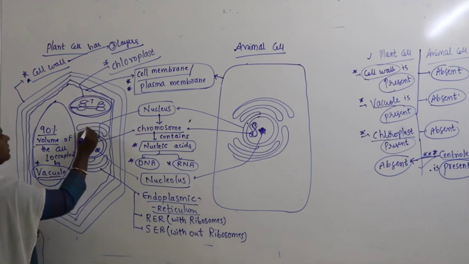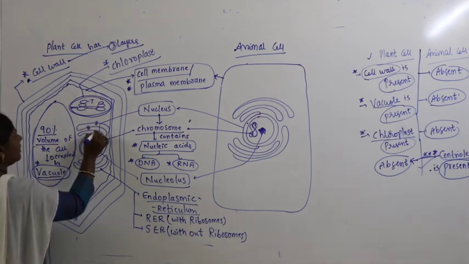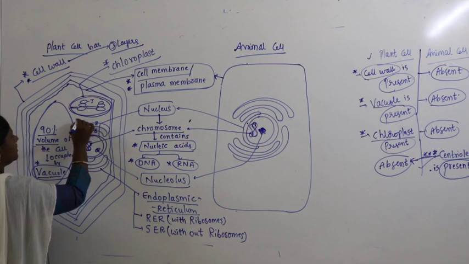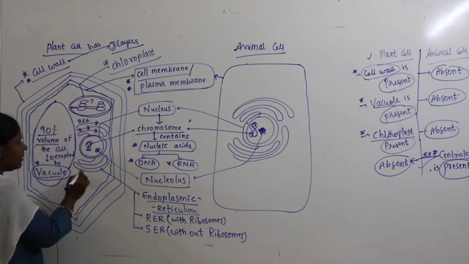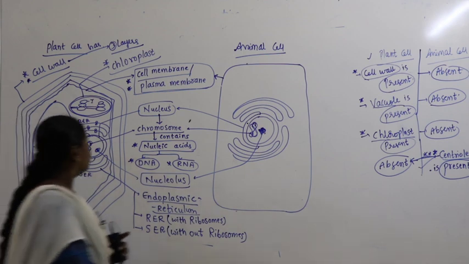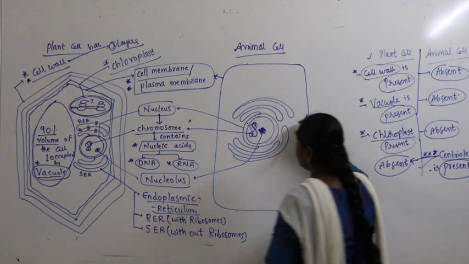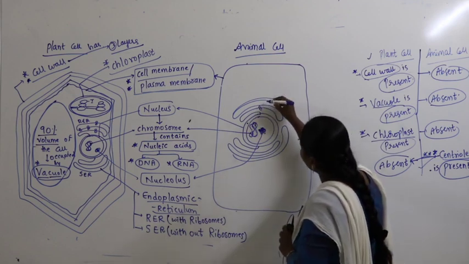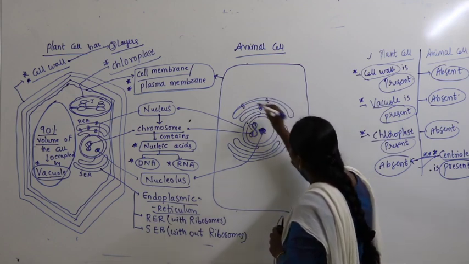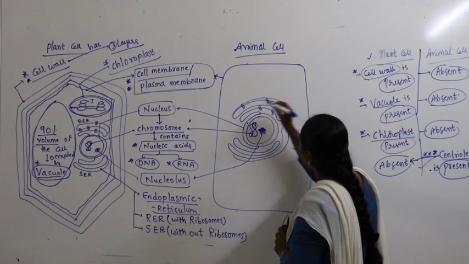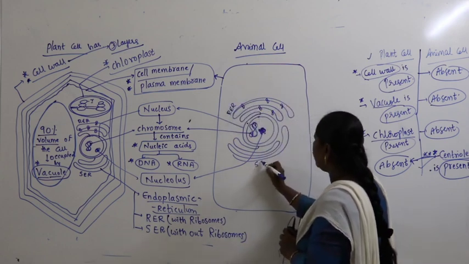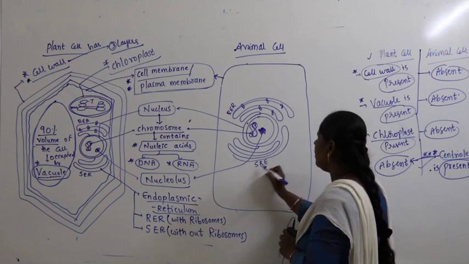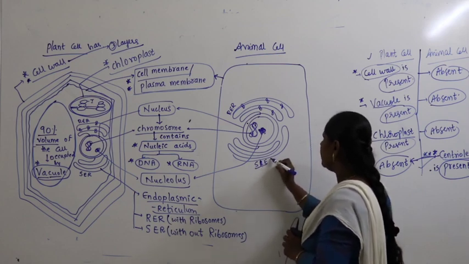So I'll draw here, the ribosomes are here, so we call this rough endoplasmic reticulum. No ribosomes on the endoplasmic reticulum is called smooth endoplasmic reticulum. Now coming to this, what do we write here? Same. When the endoplasmic reticulum contains ribosomes, it is called rough endoplasmic reticulum. Without ribosomes, it's called smooth endoplasmic reticulum.